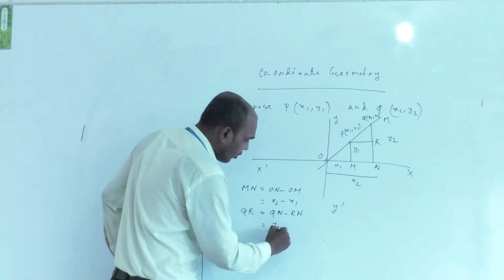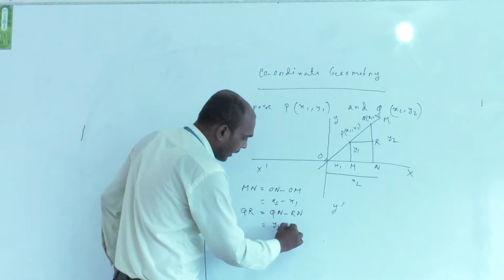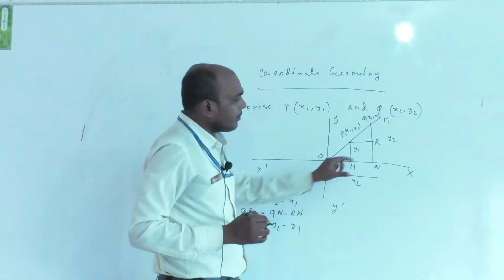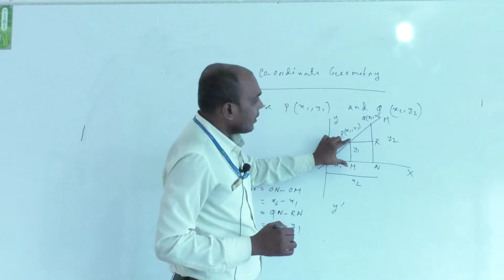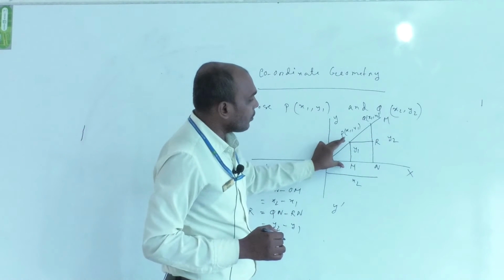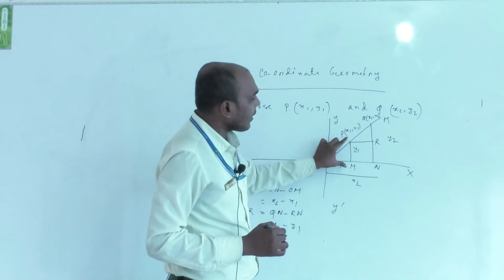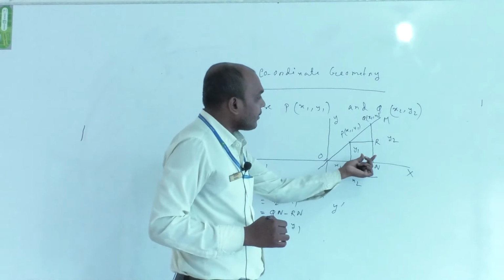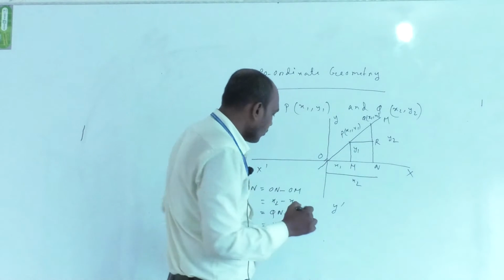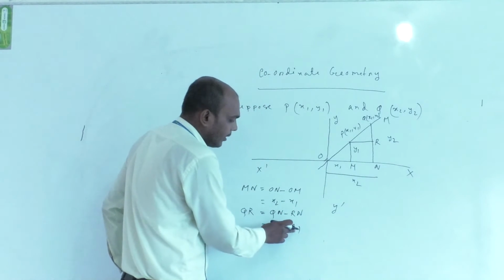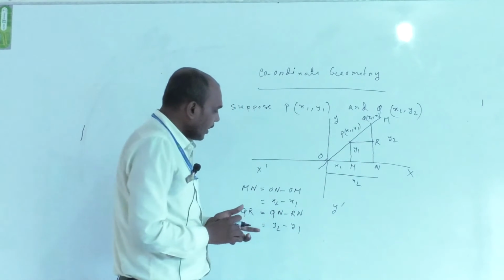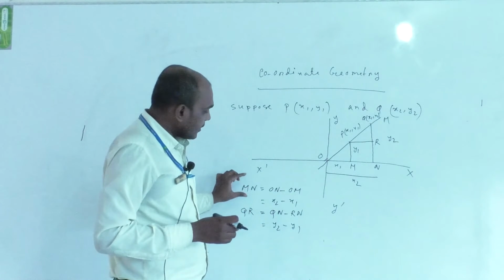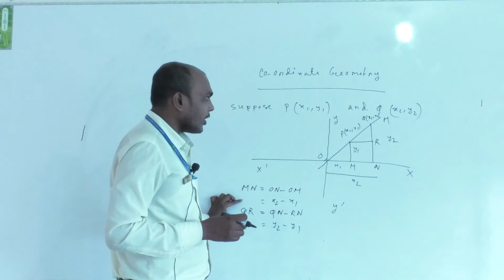We can write y2 minus RN, and here RN is parallel to PM, so we can write PM equals RN. That means RN is y1. That's why we have written this. Now we have got the distances MN and QR.